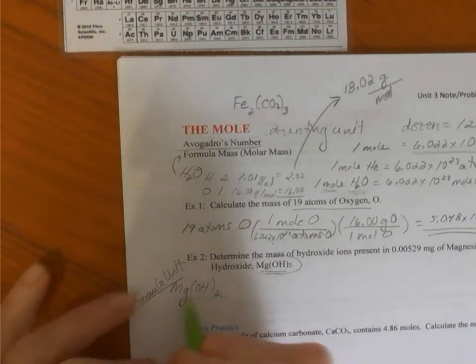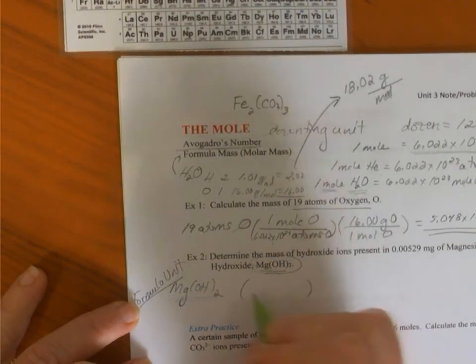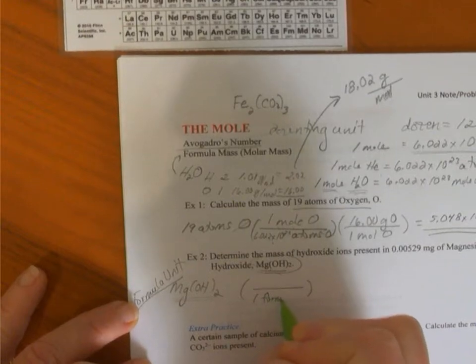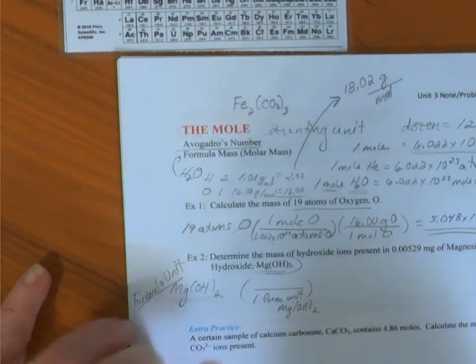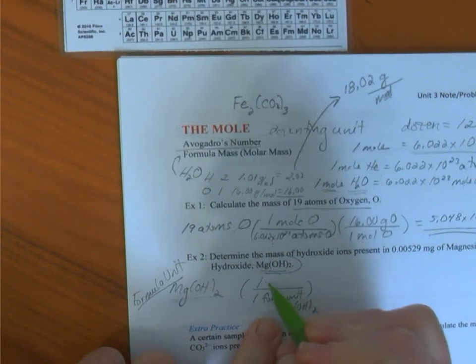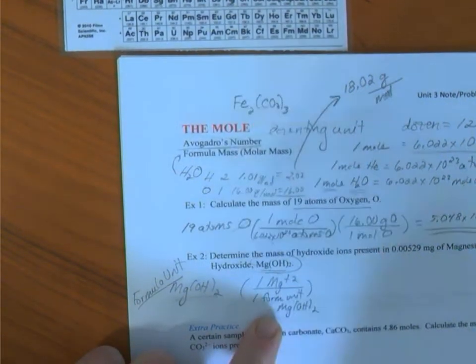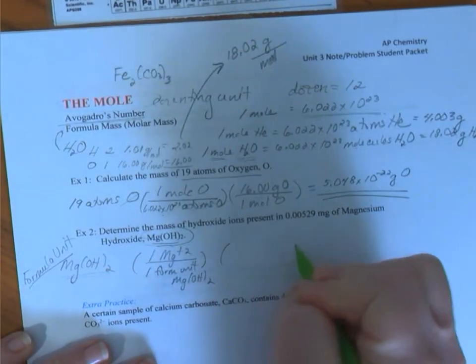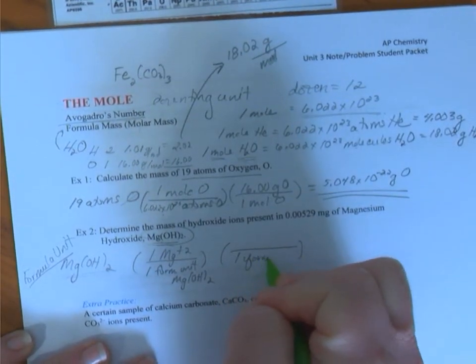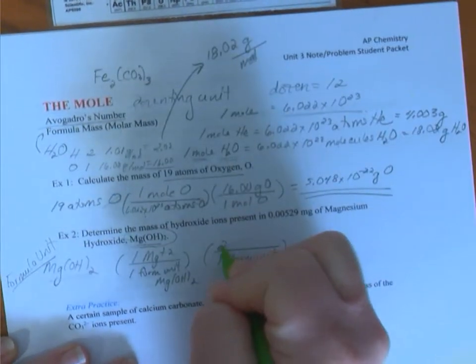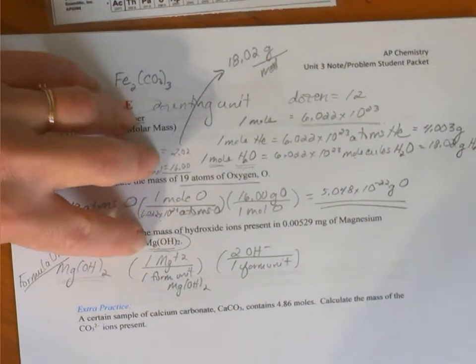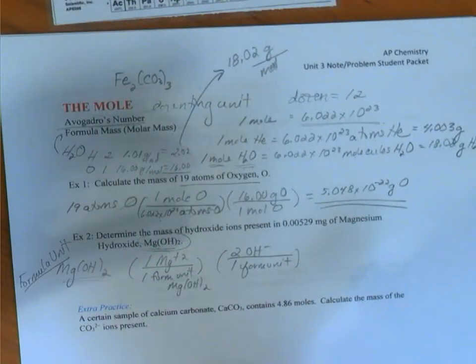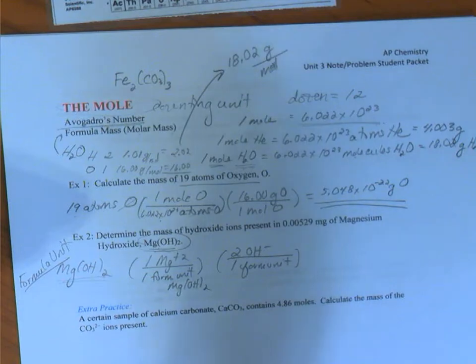So I could say that if I have 1 formula unit of magnesium hydroxide, I would have 1 magnesium plus 2, or I could say for every 1 formula unit, I have 2 hydroxide ions. Well, subscripts not only are the ratio of ions, but they also can be interpreted to be moles.